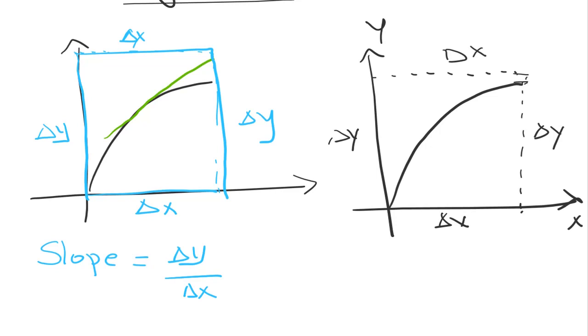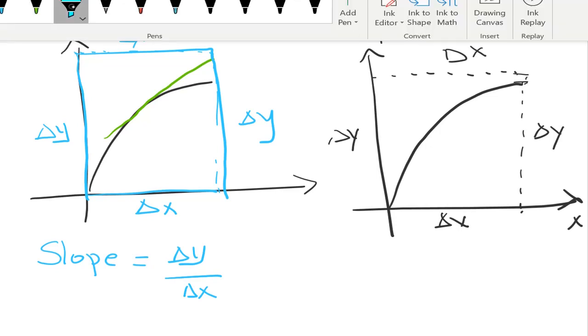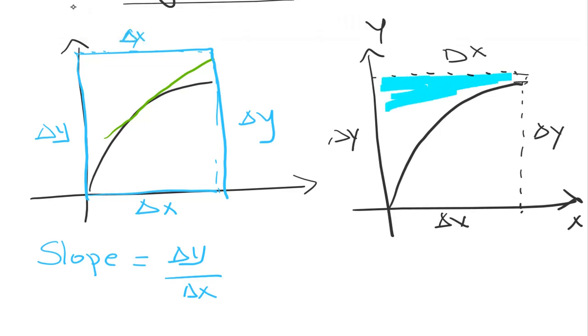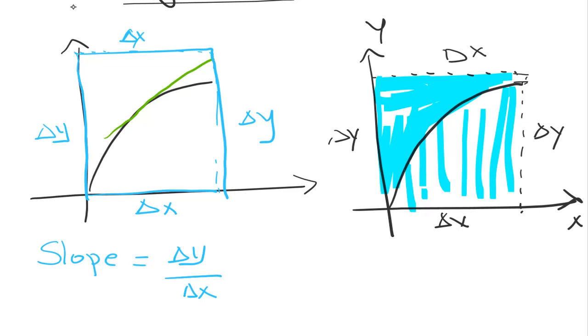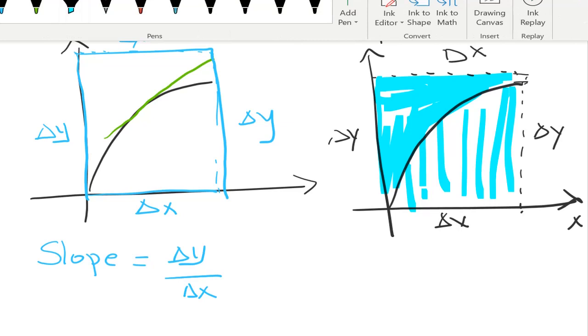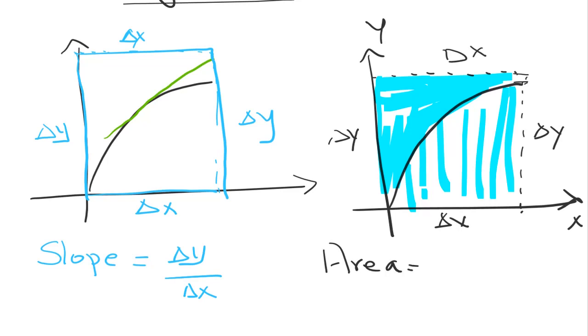Now you can see two areas here, the area above as well as the part below. How do we find the area of a figure? The area of a rectangle is length times breadth. So here the area can be written as delta y multiplied by delta x.